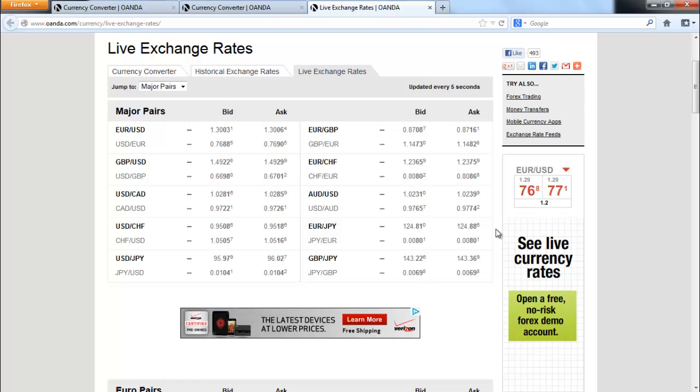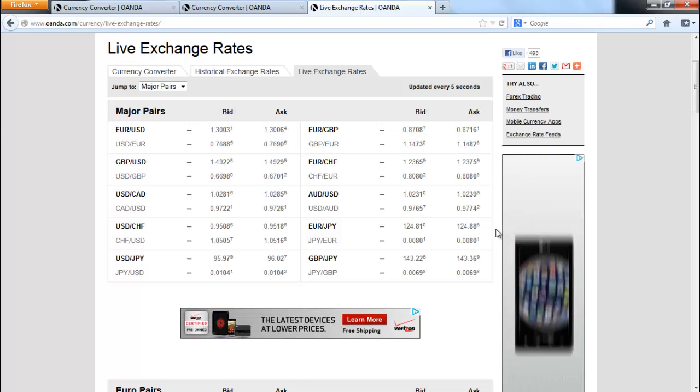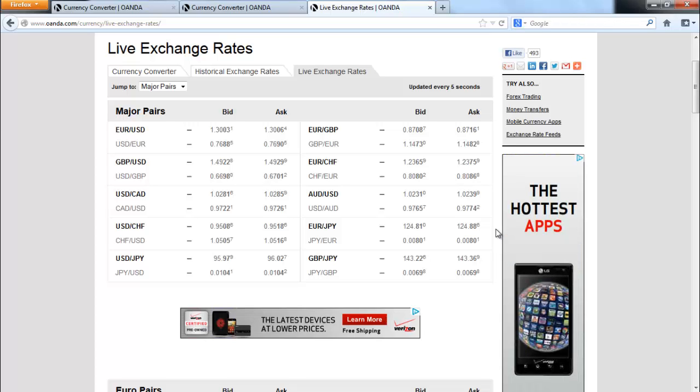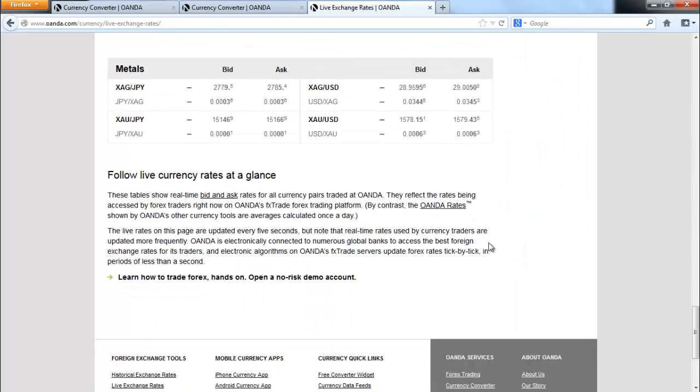But this screen will update every 5 seconds, and it will put red arrows and green arrows in every update so that you can see which currency relationships are dropping in value or depreciating, and which are appreciating or increasing in value. Now, I'm going to scroll down to the bottom of the screen and read you a paragraph.